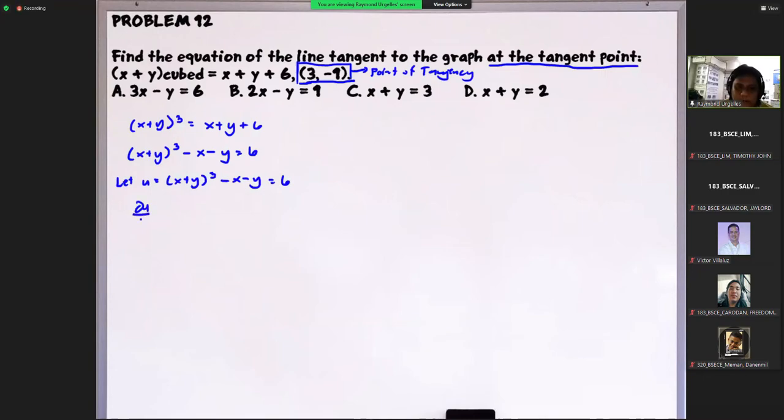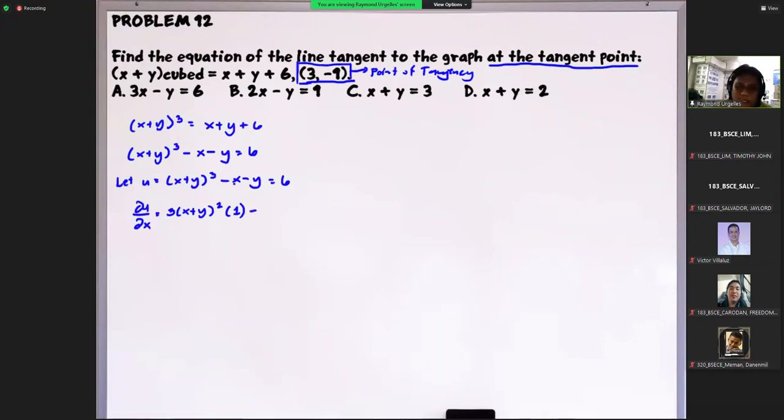The partial of u with respect to x: here we let y be a constant. We have 3 times (x plus y) squared, multiplied by the derivative of the inside, which is simply 1.